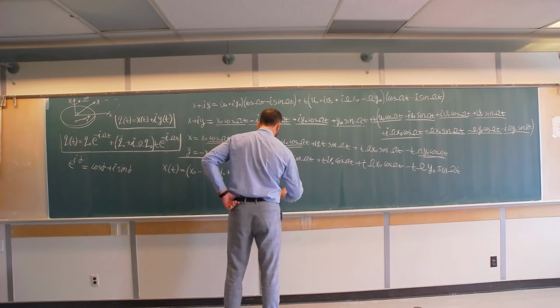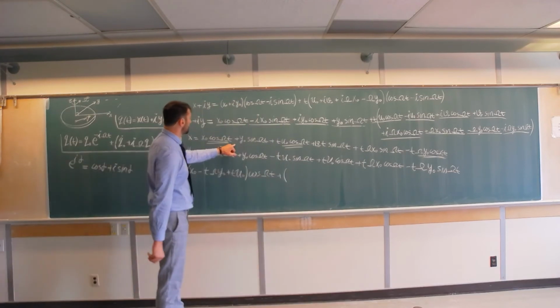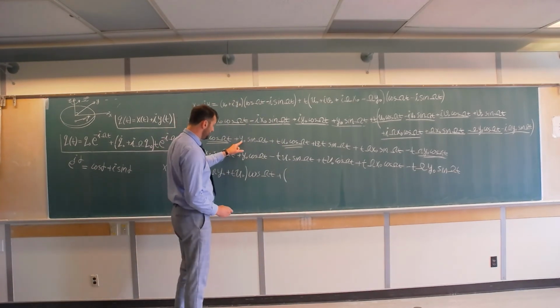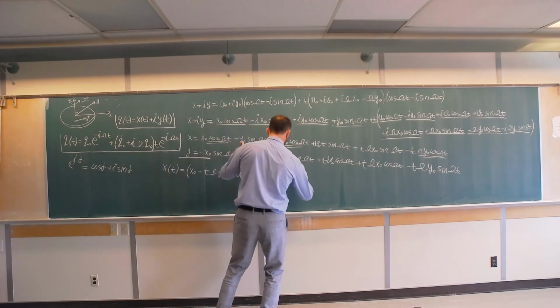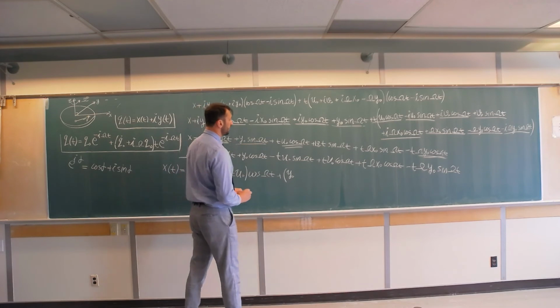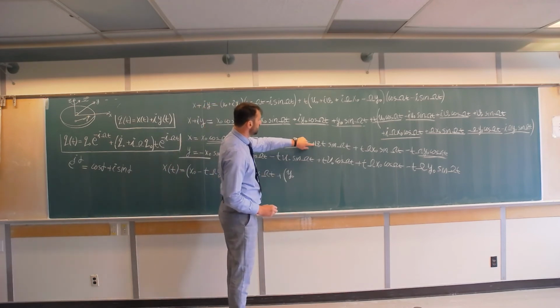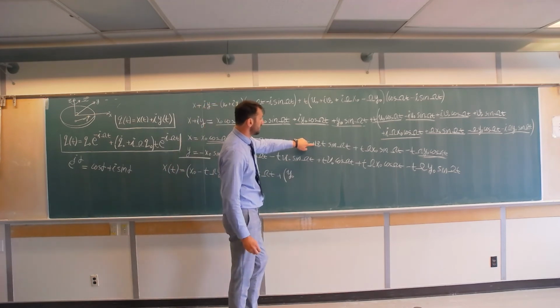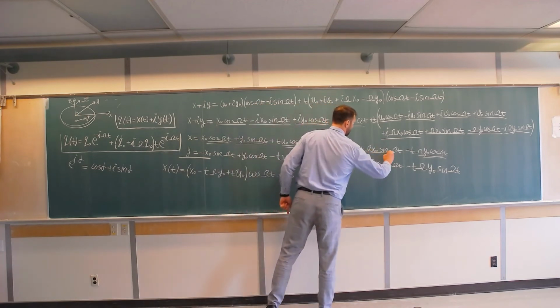Plus, let's collect the remaining terms next to sine. So we have y0. So we did this one. There is this one associated with velocity. I'll put it at the end. And there is this one.